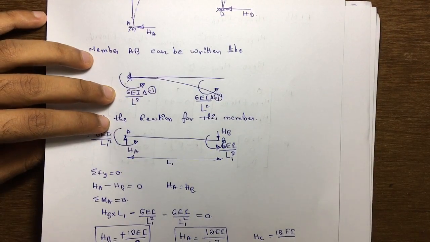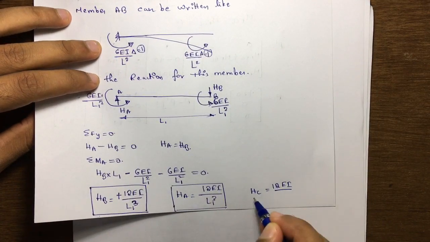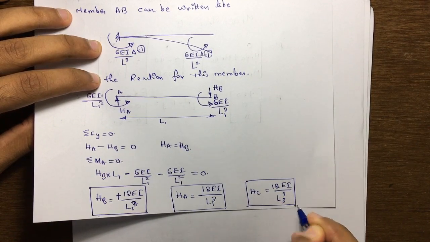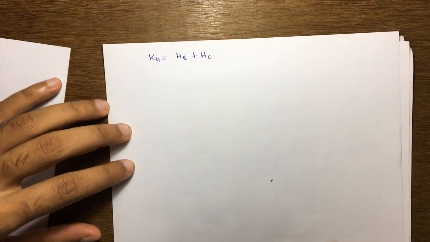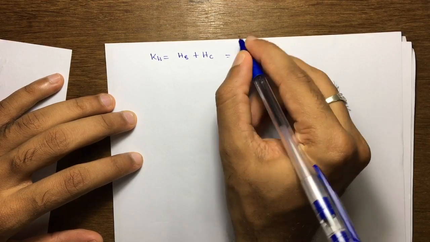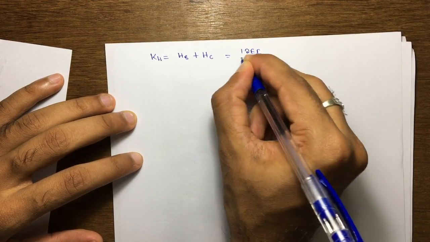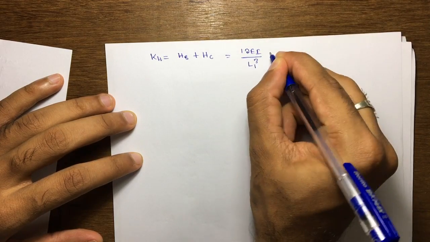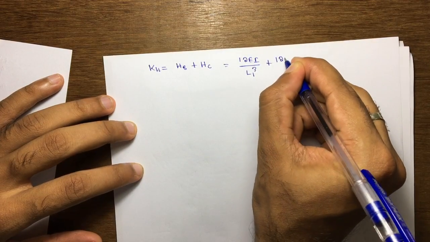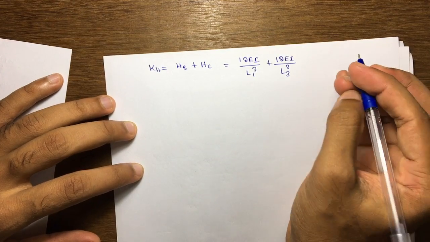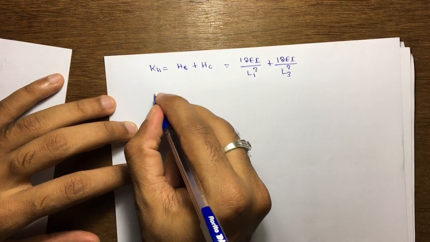Therefore K11 is equal to 12EI divided by L1 cube plus 12EI divided by L3 cube.